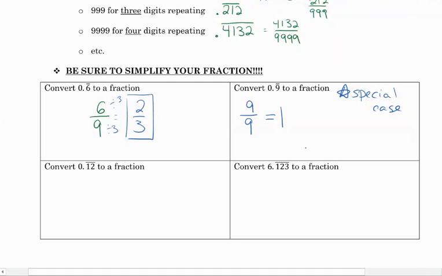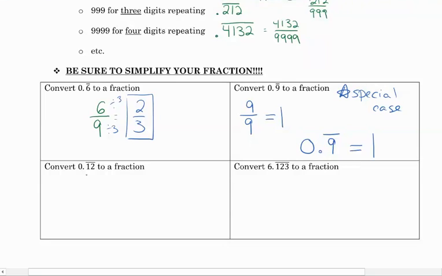So this is a special case because the decimal 0.999 repeating, so on and so on, is so close to 1 that we essentially say it is 1. And that's where it's a special case. It's definitely a little different, that a decimal could equal a whole number, but it's more because it's essentially the same thing, because 0.999 repeating forever is basically the last point before you get to that whole number.